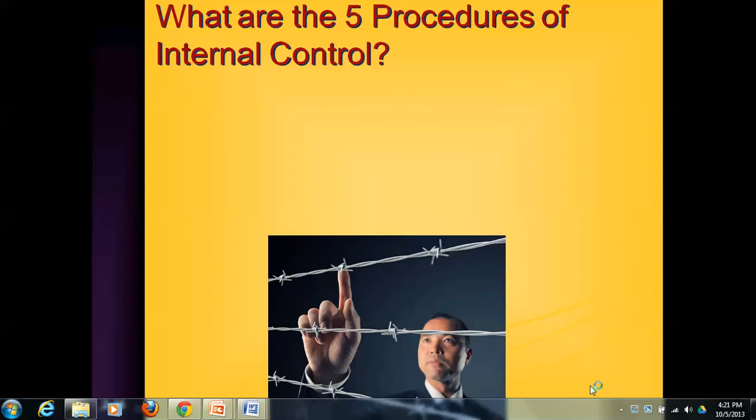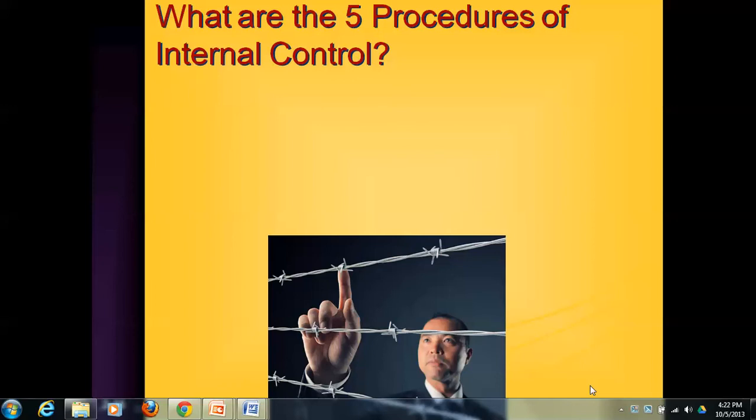It's the processes and procedures that are put in place so that a company's assets are protected. If they don't have the proper procedures, processes and systems, the company runs the risk of being exposed to employee stealing or customer stealing.